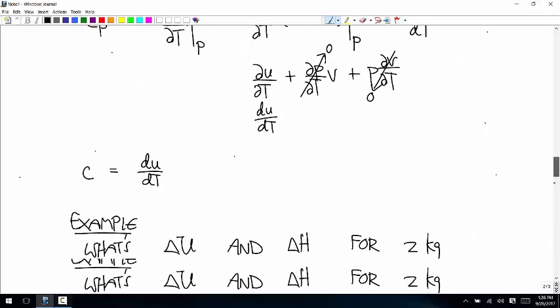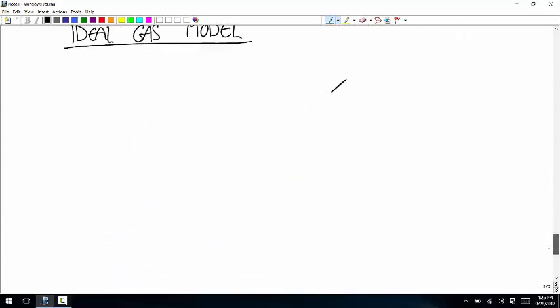So for ideal gases, there's this amazing fact.